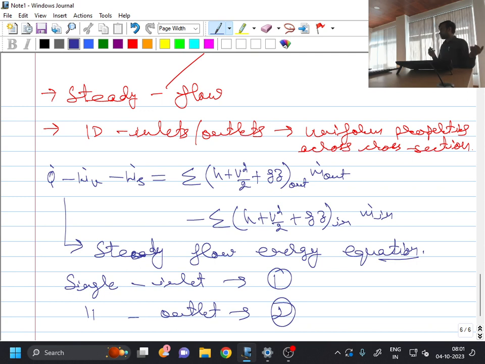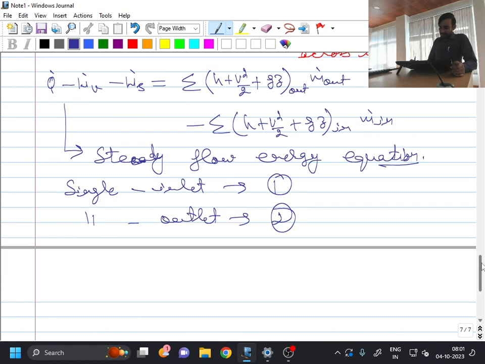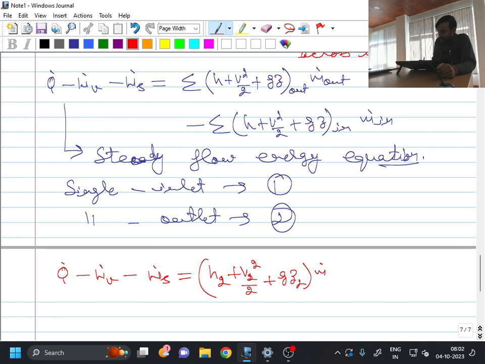So if I write the steady flow energy equation for a single inlet and single outlet control volume, I will get Q dot minus W dot V minus W dot S equal to m dot 2 into H2 plus V2 square by 2 plus GZ2, minus m dot 1 into H1 plus V1 square by 2 plus GZ1.